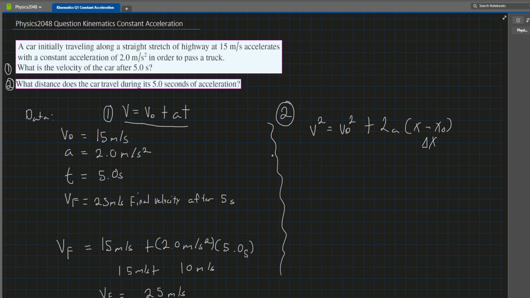Now we can move this over, so we can do v squared minus v0 squared equals 2a times the change in position. In this case you can just do v squared minus v0 squared divided by 2a.